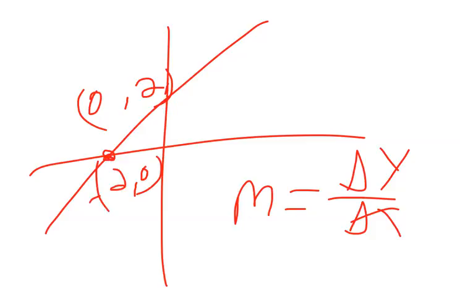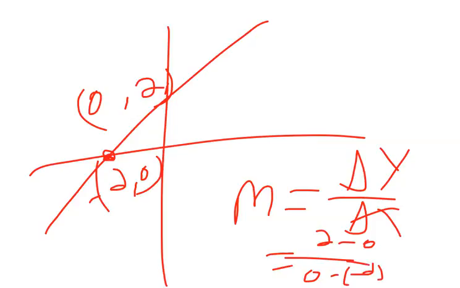The slope will be change in y, so 2 minus 0 is just 2, and change in x, 0 minus negative 2. Just choose one order and stick with it.